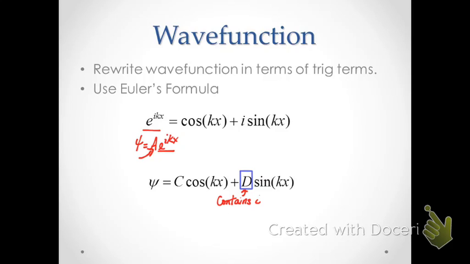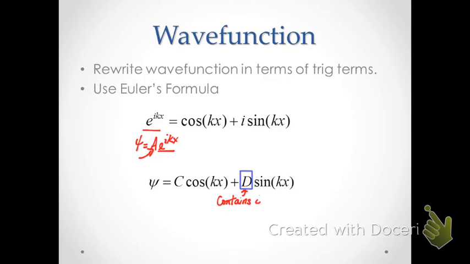Again, these are arbitrary constants right now that have no specific value, although we're going to determine what those values are later on. So the i is assumed to be embedded in the function, and we're not explicitly writing it out. This relationship allows us to write the wave function as the sum of a cosine term and a sine term.